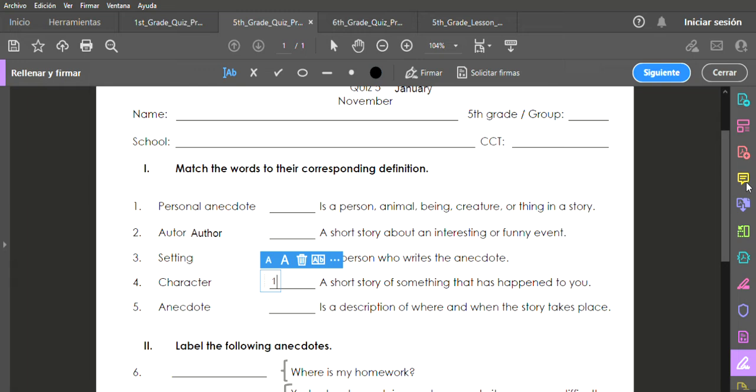A short story of something that happens to you. Una historia corta acerca de algo que te sucede a ti. This is a personal anecdote. Una anécdota personal, porque estamos diciendo qué es lo que nos sucede a nosotros.